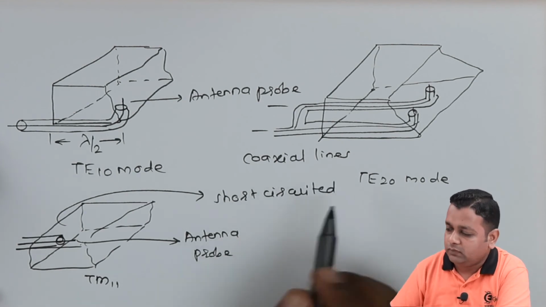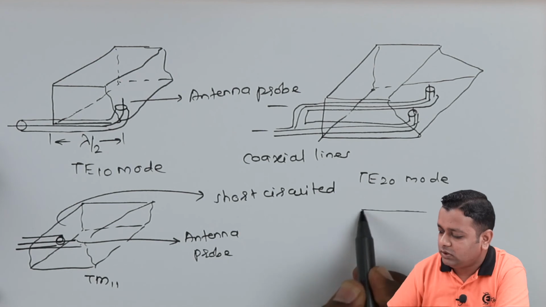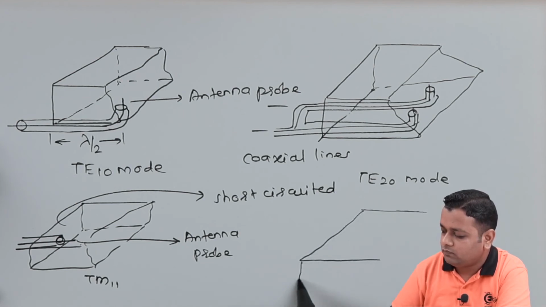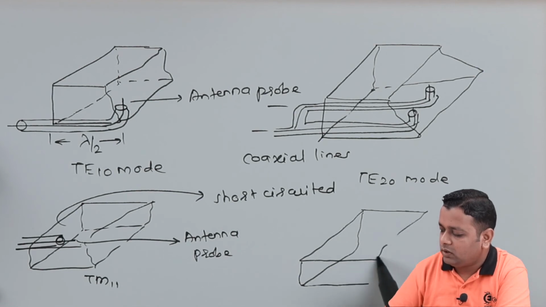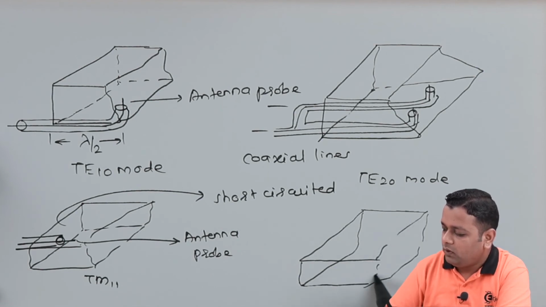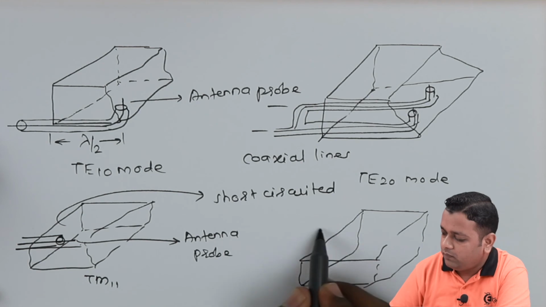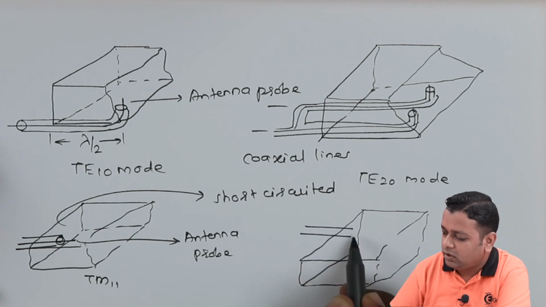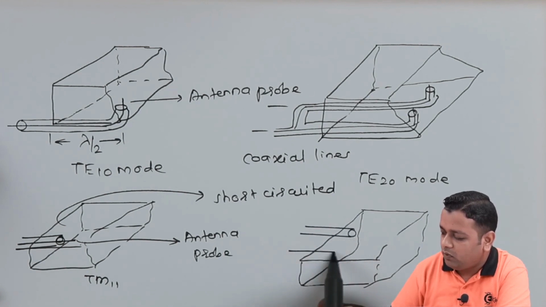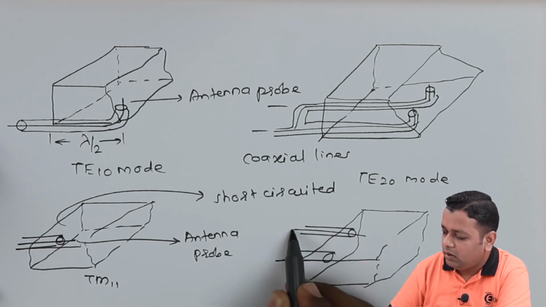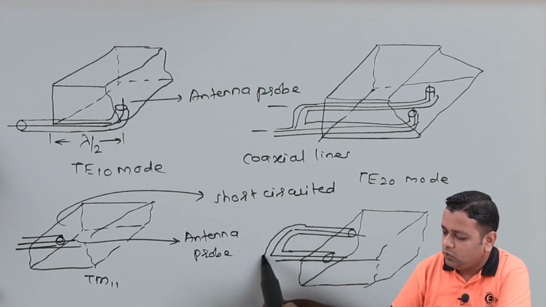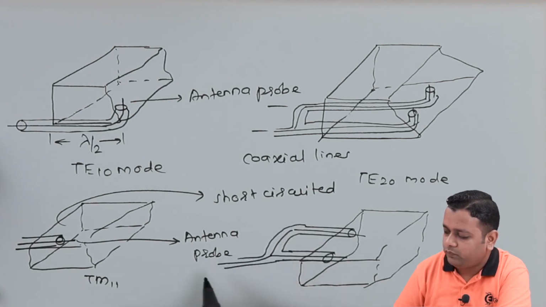In a similar fashion, we can have again a cross section. Here also we take the end with the short circuit, and from the short circuited end of the rectangular waveguide, we can have the insertion of two monopoles or two probes.